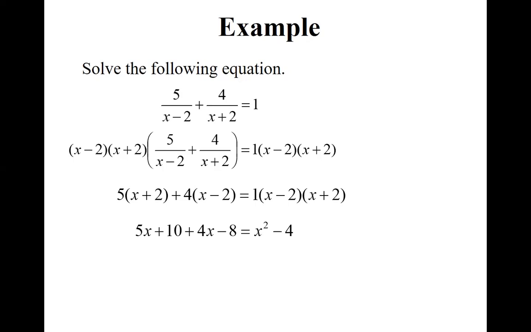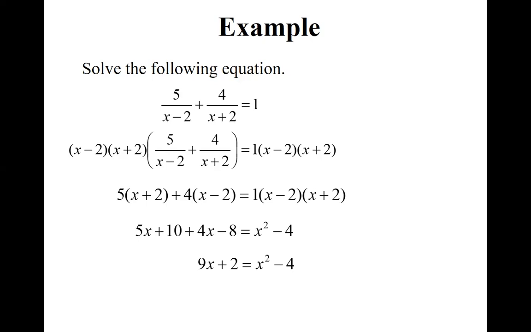Combining like terms on the left, 5x plus 4x is 9x. Positive 10 minus 8 is positive 2. So 9x plus 2 equals x squared minus 4. Everything on one side, 0 on the other.